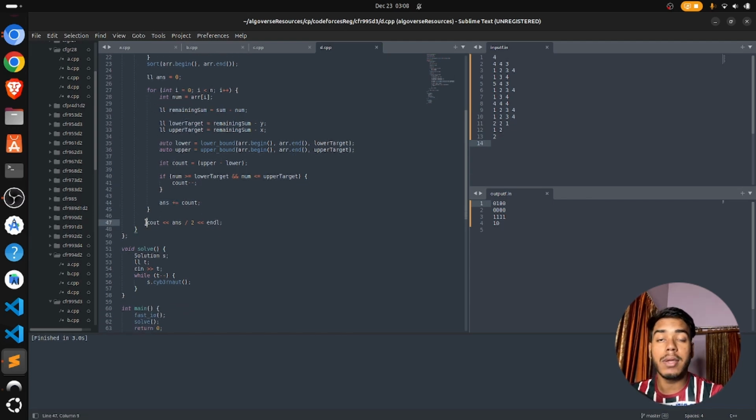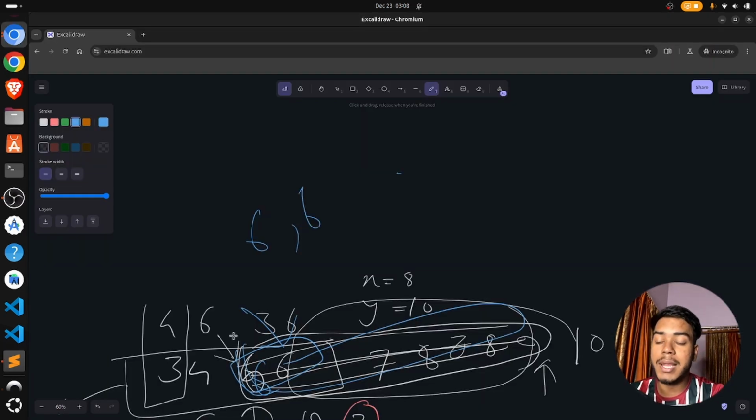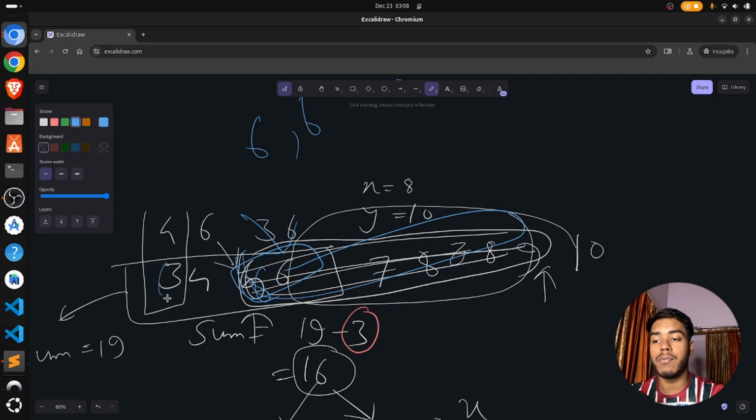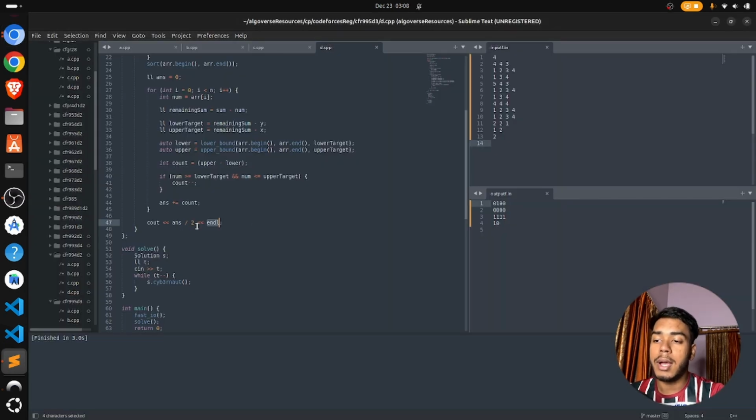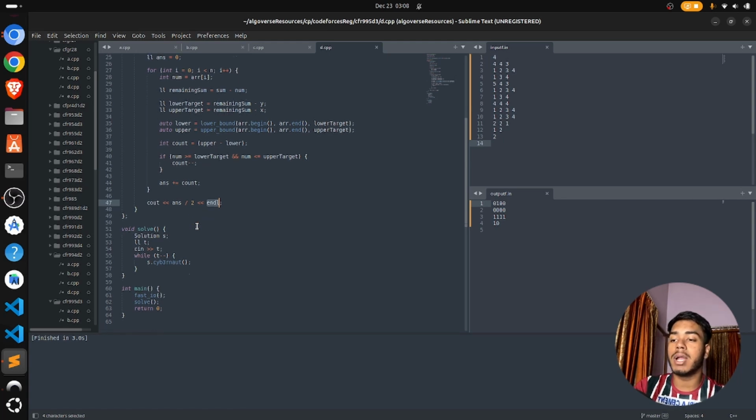And you have to check one thing, you have to divide it by 2, because we are calculating for both sides. Like when we are calculating for 3, we are including this 6 also, and when we are calculating for this 6, we are also including this 6. So dividing by 2 will work fine for this.